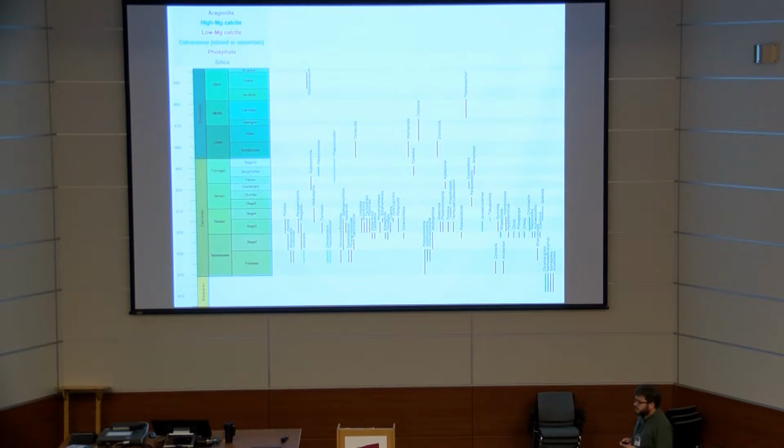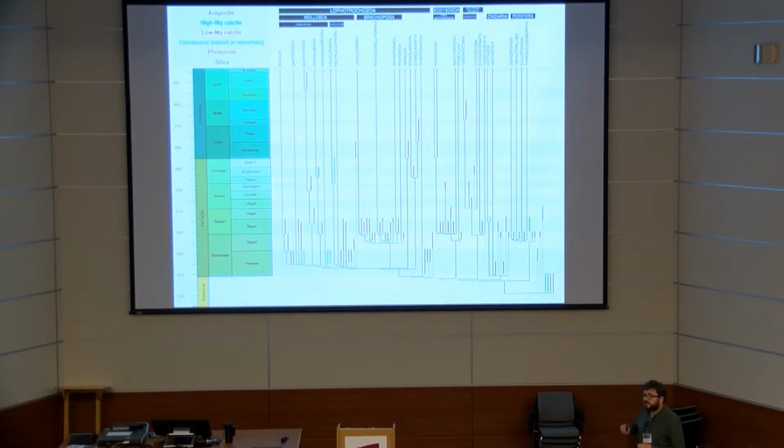So similar to other compilations, we can see successive waves of first appearances of different skeletonizing taxa with a whole range of different mineralogies going through from the latest Ediacaran up into around about the middle to late Ordovician.